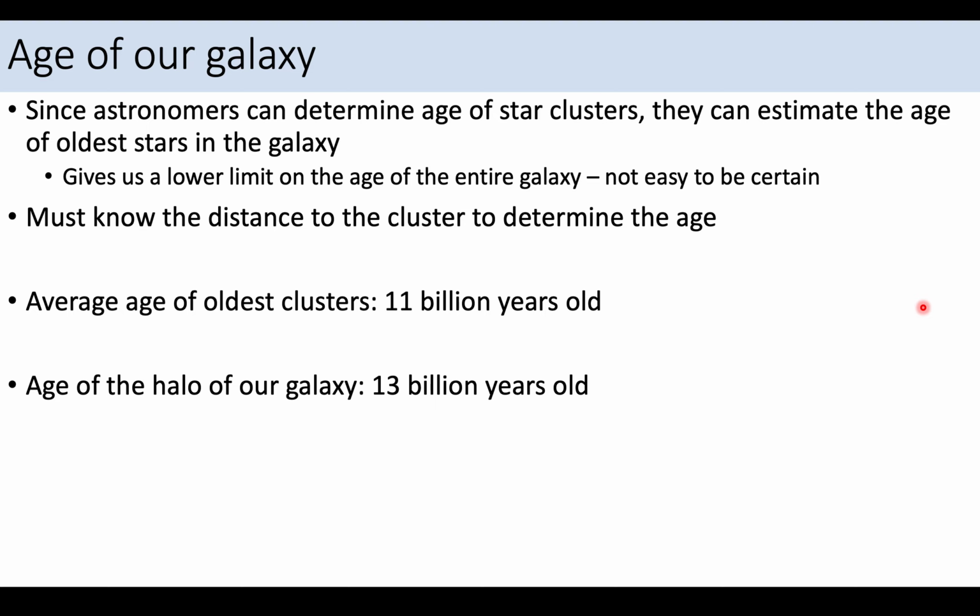It could be older. So we know the distance to these star clusters, that allows us to determine the age. So the average age of our oldest star clusters is about 11 billion years old. For the halo portion of our galaxy, we've determined there are stars that are about 13 billion years old. So we know that our galaxy must be at least 13 billion years old for it to have stars that are 13 billion years old within it.